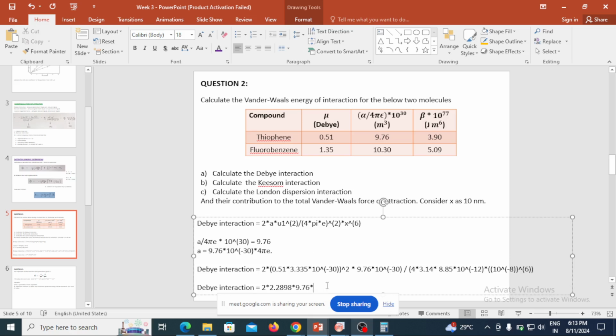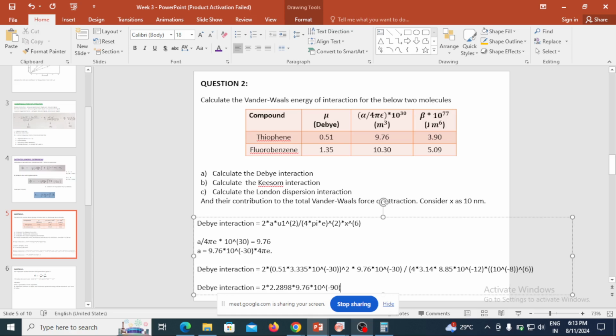So that will become 10 to the power minus 90, right?